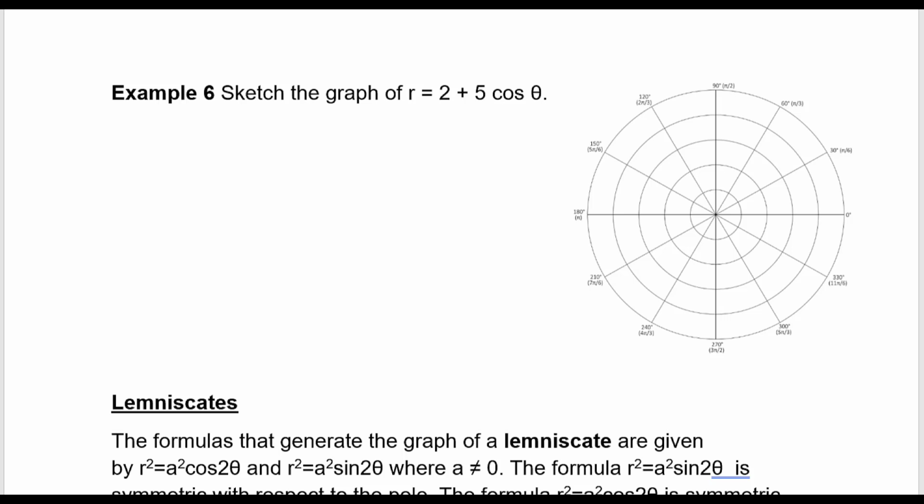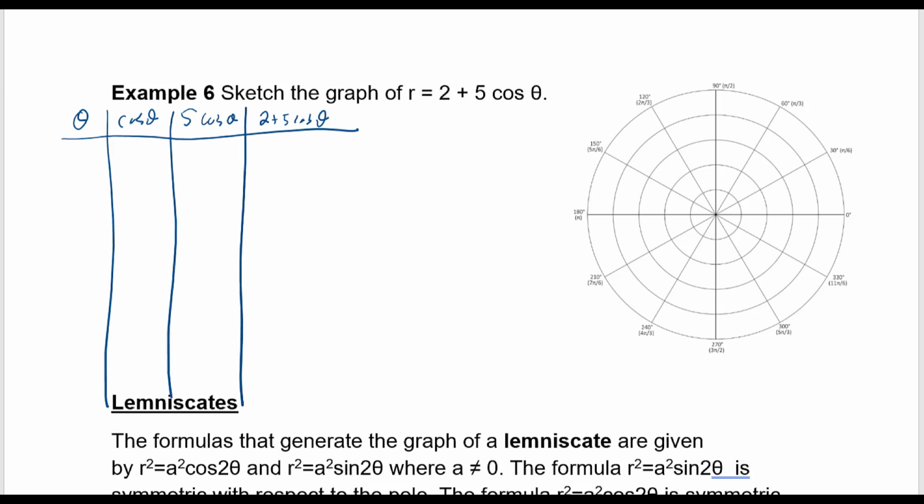We'll plot some points. We're going to go out to 2 pi again. So we'll do theta, cosine theta, 5 cosine theta, 2 plus 5 cosine theta. We're going to have to do two sets of this.